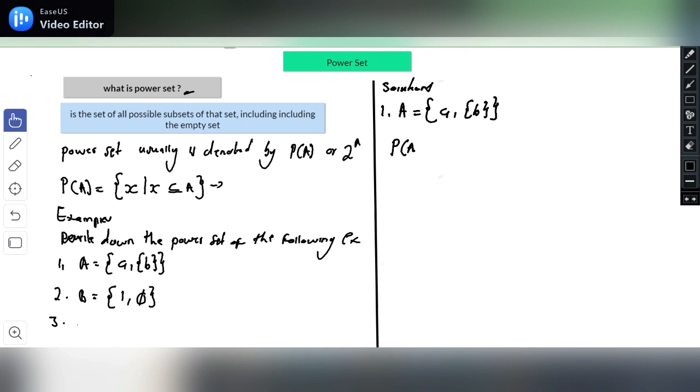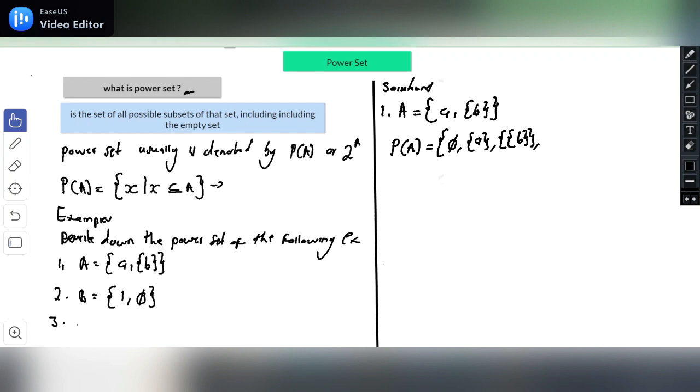For number 1, A equals {a, {b}}. So the solution is going to be P(A), we know that. The first subset that we write is what? We know that it has to be an empty set. Then we write each element separately: {a}. Then the second one, you can see that we have braces here, right? So we have to open our braces and write it the way it is, {{b}}, and close our braces.